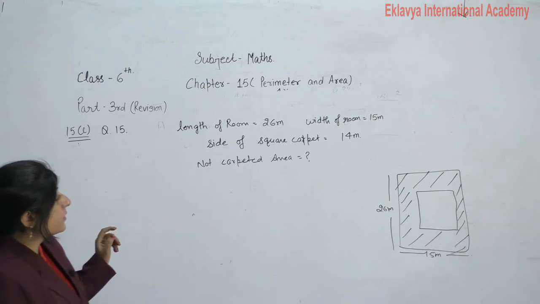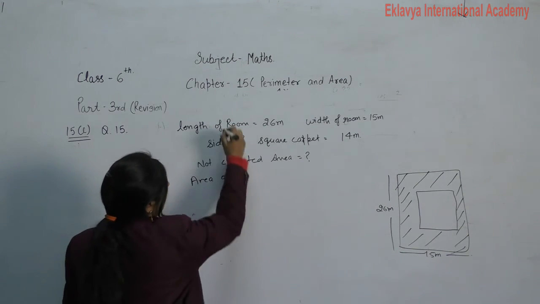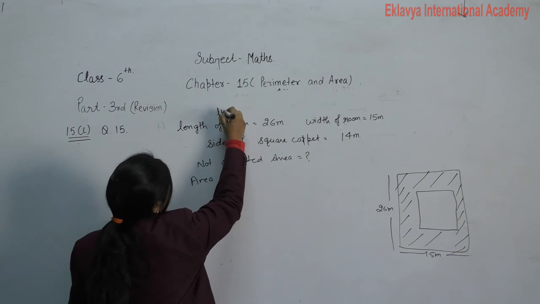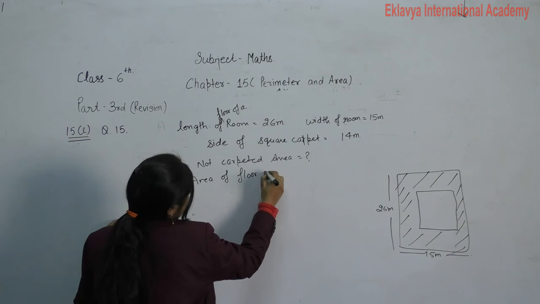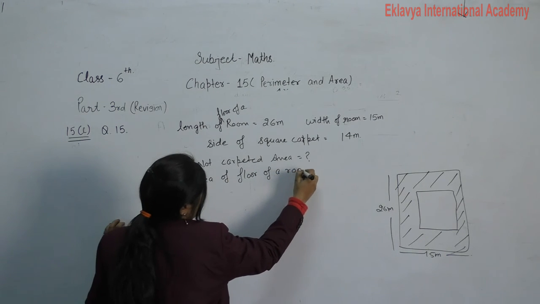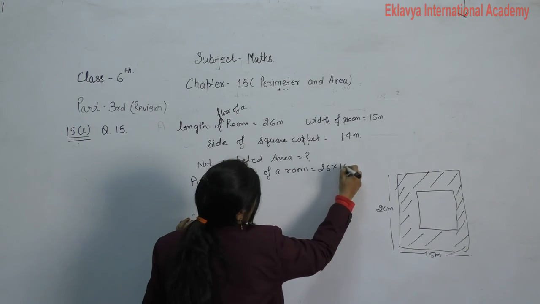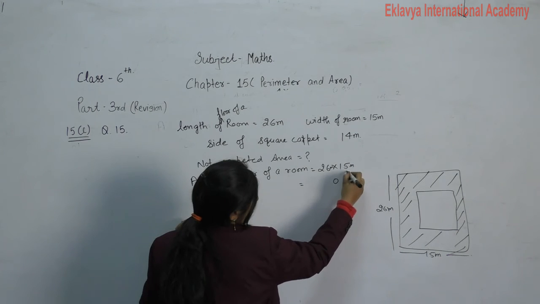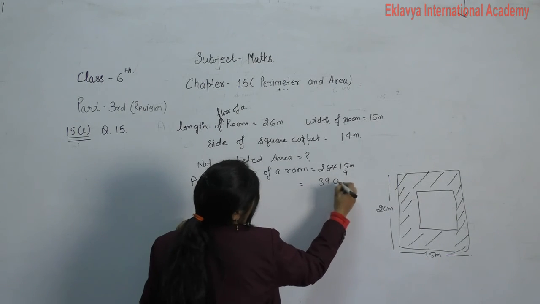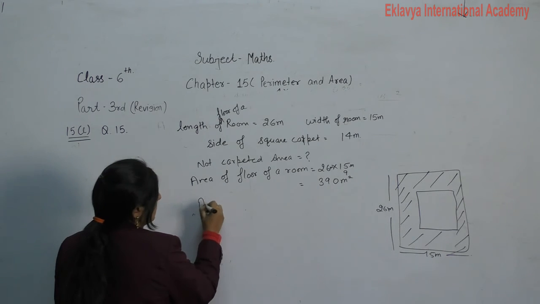So it is given to you that area of floor, this is length of the floor of a room, is equal to length multiplied by breadth, 26 into 15 meter, 390 meter square.